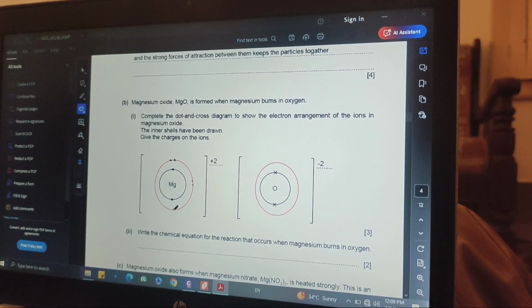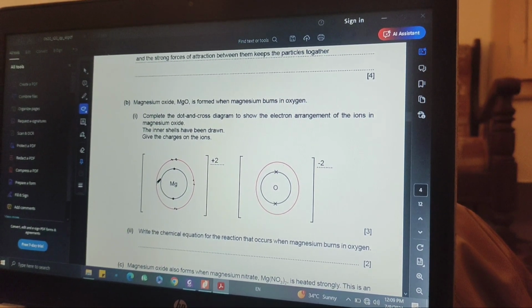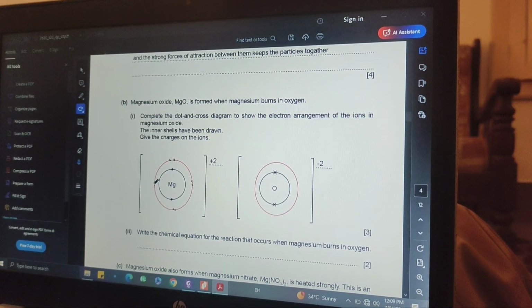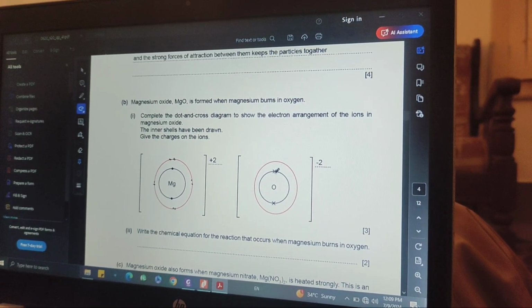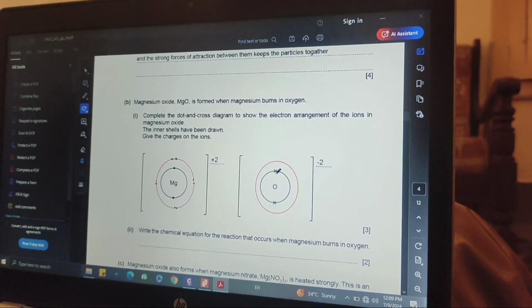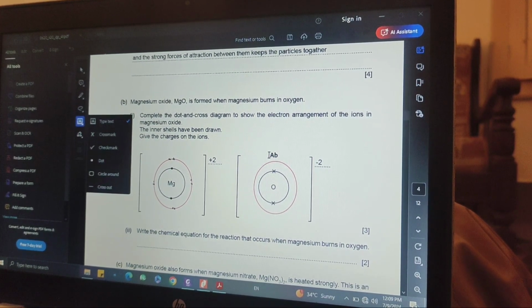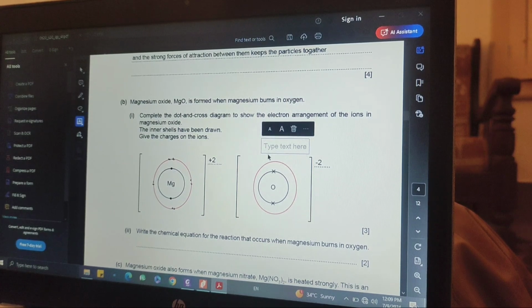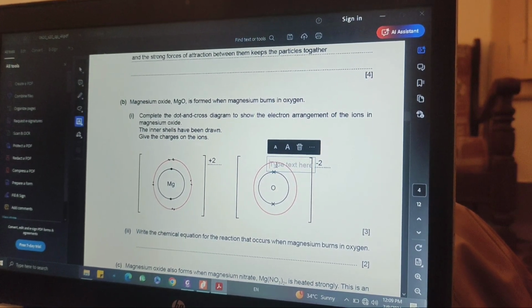4, 6, and 8. But for the oxygen, the first shell is given in cross form, which means that the second shell of the oxygen has 6 electrons, so there will be 6 crosses.